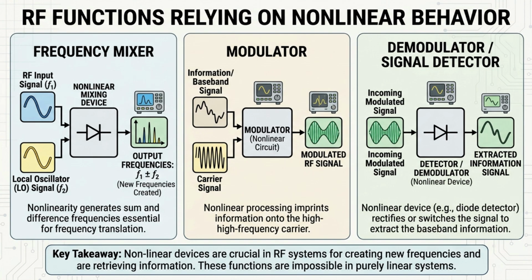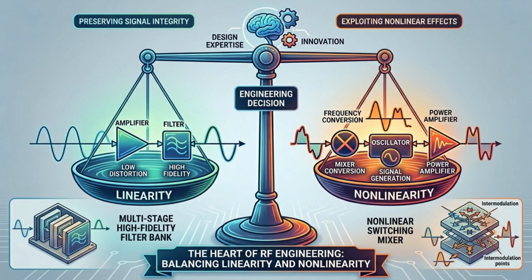Frequency mixers, modulators, demodulators, and signal detectors all rely on nonlinear devices to create new frequencies or extract information from incoming signals. These operations would not be possible in a purely linear system. This balance between linearity and nonlinearity lies at the heart of RF engineering.